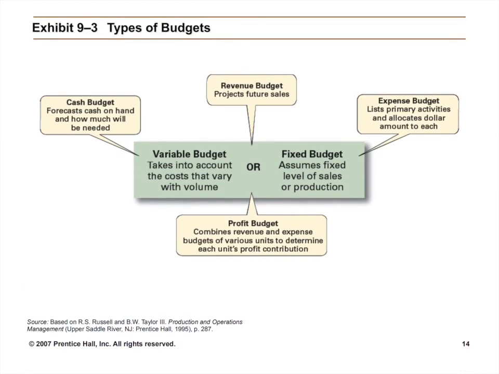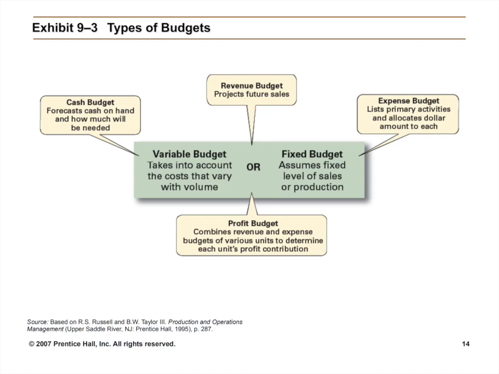What types of budget? We have 4 types of budget. Cash budget: forecast cash on hand, to predict the cash on hand and how much will be needed. And then the revenue budget. Revenue budget is the sales future projection.